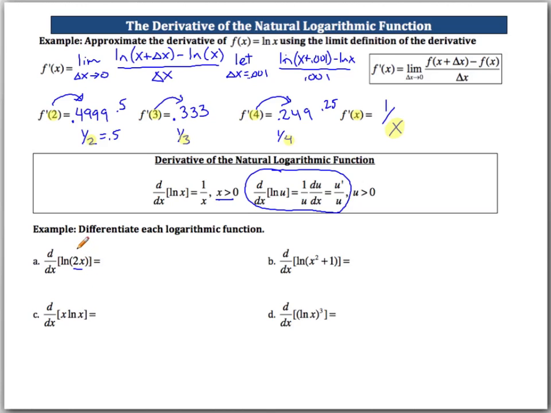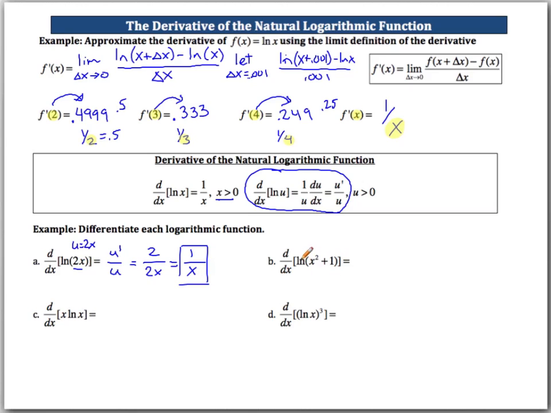So now I can see that my u equals 2x here. And so the derivative of the natural log function is always u prime over u. Okay, so what's u prime? Well, the derivative of 2x is 2. And then what's u? Well, that is 2x. And so if we were to simplify this, we have 1/x. Okay, so that constant multiple in there didn't change what our derivative is.